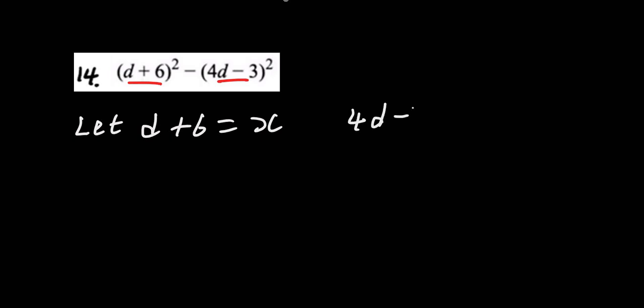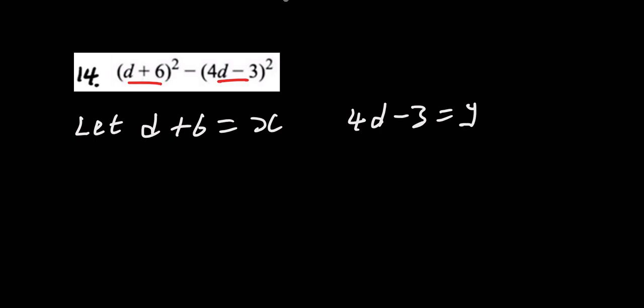So the first thing we are going to do is to assign a variable to this and a different variable to this because they are different values. So let d plus 6 be equals to x and 4d minus 3 be equals to y.